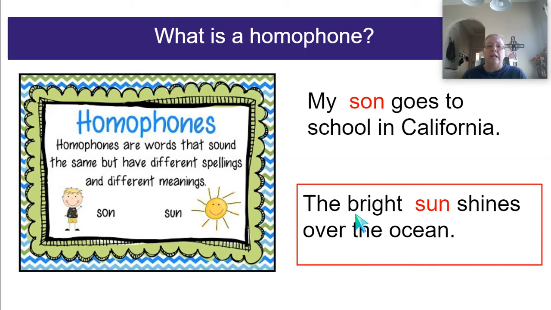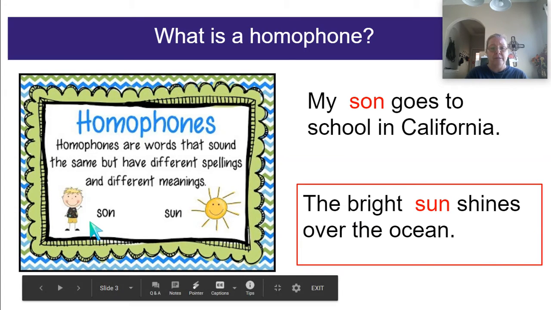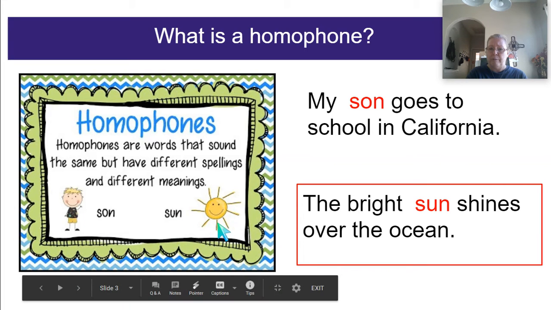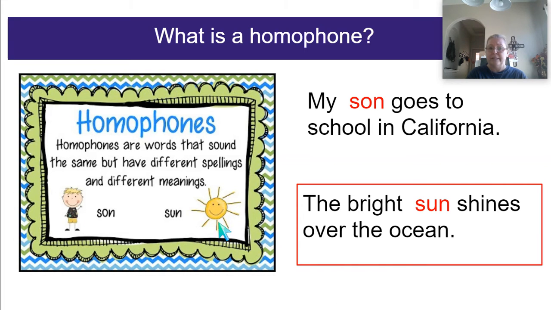Okay, so let's go over what is a homophone. Homophones are words that sound the same but have different spellings and different meanings. Remember the example of son, the boy, son with an O, and sun with a U that represents the sun that shines in the sky.